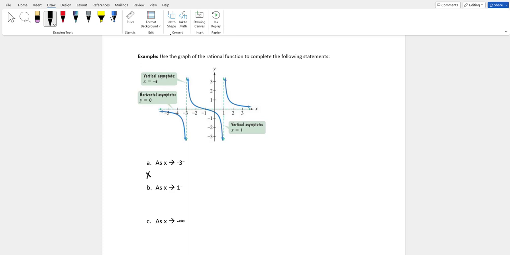I'll write that out. So if you look at the graph, we're coming in from the left. We're going to approach negative 3. When we get to negative 3, my graph goes down. Keeps going down, down, down. It's going down to negative infinity.